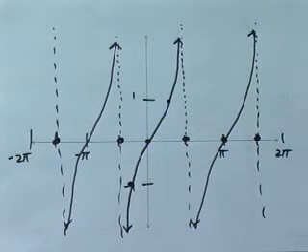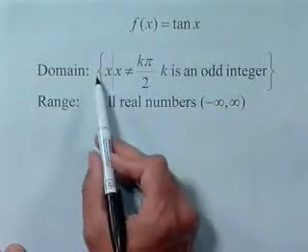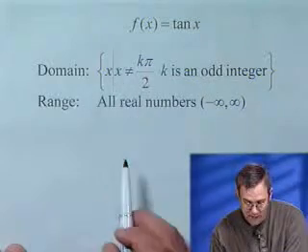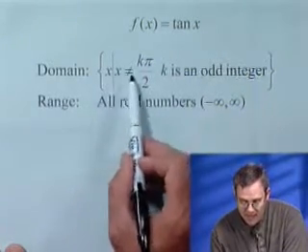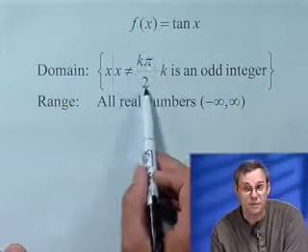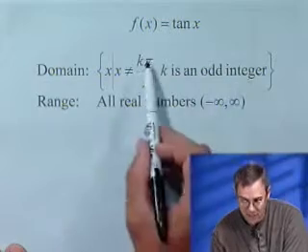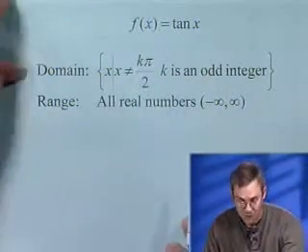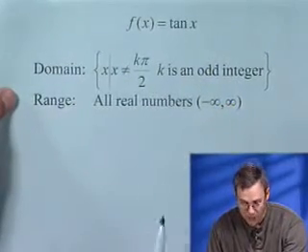And this is how we describe that. The domain is the set of all x values. This little line means such that. So the set of all x values such that x does not equal k pi over 2, where k is an odd integer, such as 1, 3, 5, 7, etc. So the domain is all x except for odd pi over 2's.